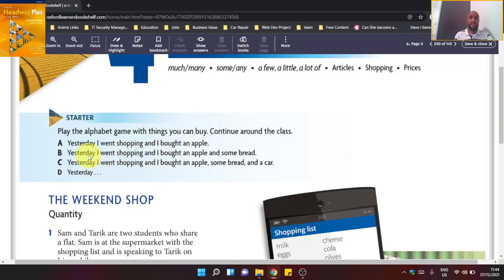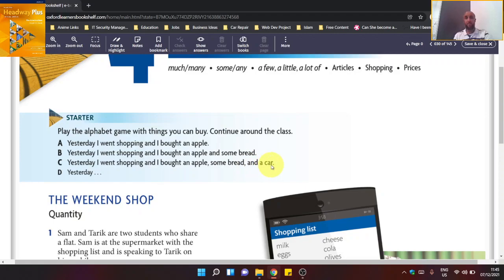The second person will say, yesterday I went shopping and I bought an apple, so you repeat the previous item, and some bread. Now remember, guys, the new item goes last in what you say. Here's the next example: yesterday I went shopping and I bought an apple, some bread, and the last one, a car.